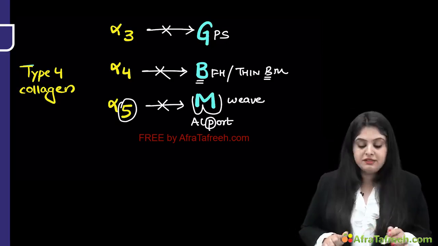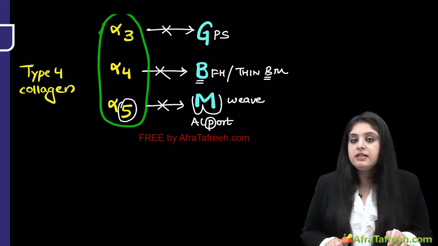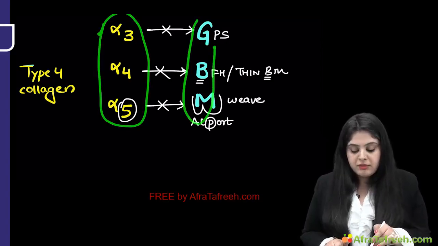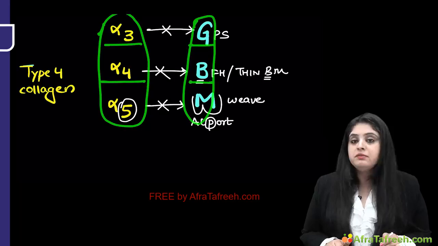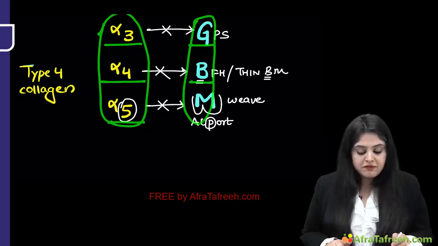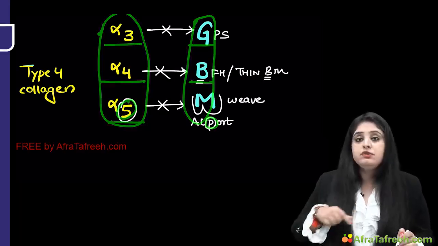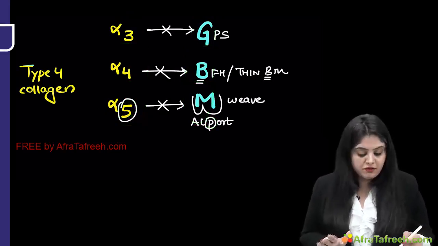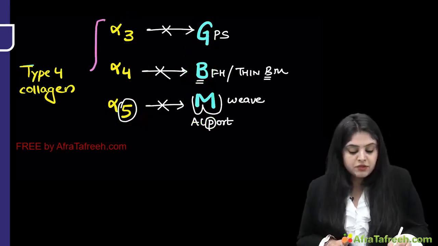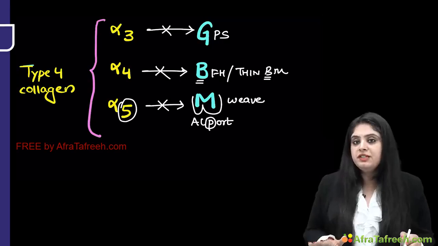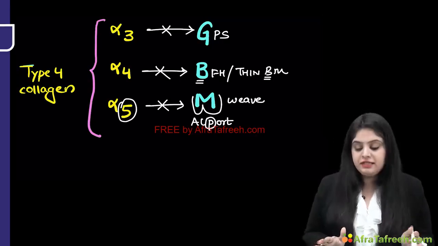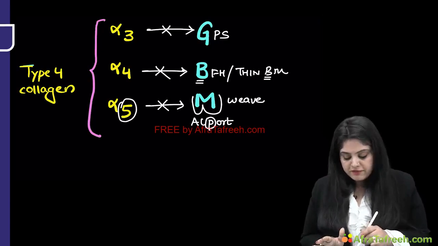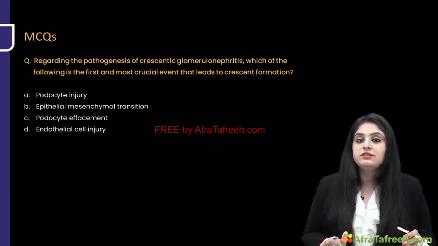So please remember guys, alpha 3, 4, 5 you write in the exam, glomerular basement membrane you write in the exam. Alpha 3 means Goodpasture syndrome, alpha 4 is basement membrane thin, and alpha 5 is Alport, in which you see the weave appearance, and this is your final mnemonic. So I told you that first you have to understand, and I will always help you with the mnemonic thereafter, with which we wrap up all our nephritic syndromes. Means we are definitely ready for some questions.